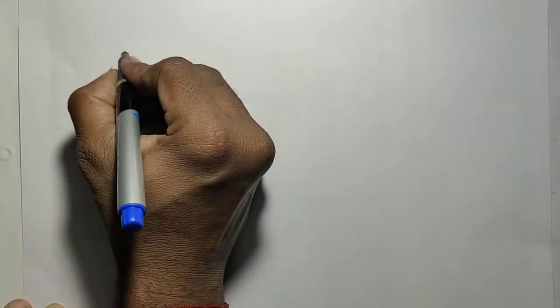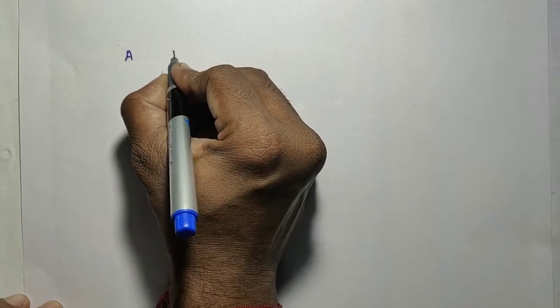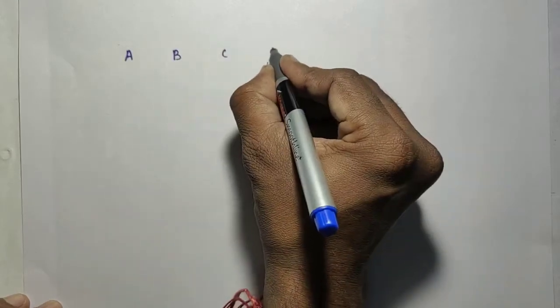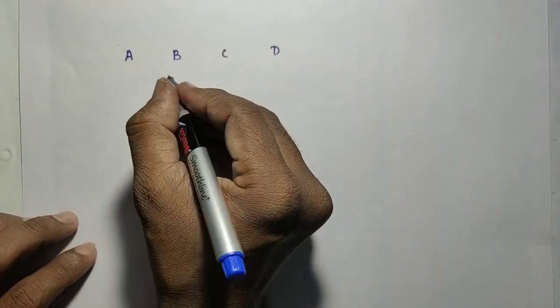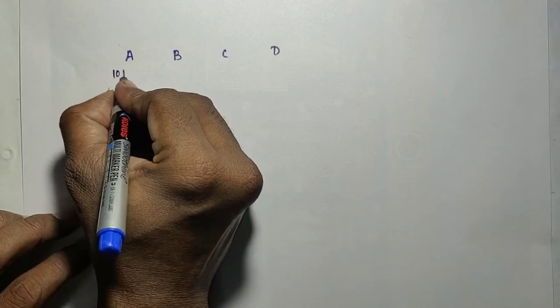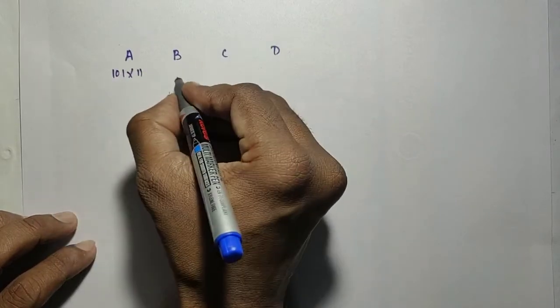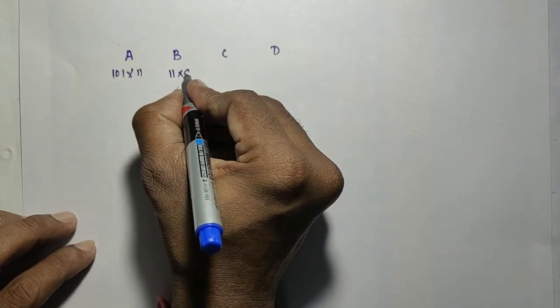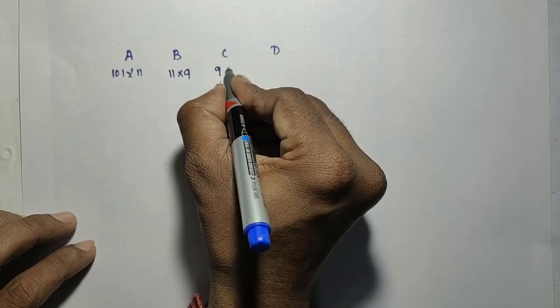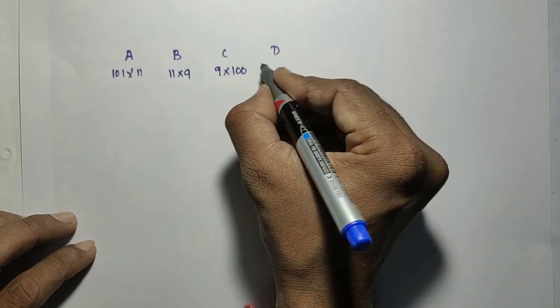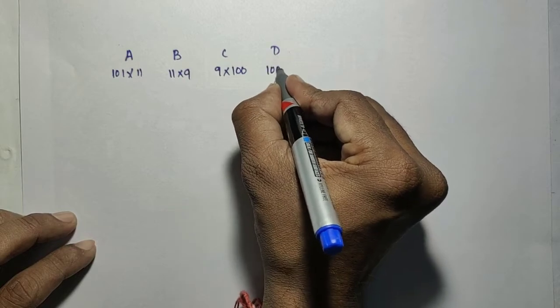Consider another example with the same A, B, C and D, 4 matrices. This dimension is 101 into 11. This dimension is 11 into 9. This dimension is 9 into 100. And here 100 into 99.